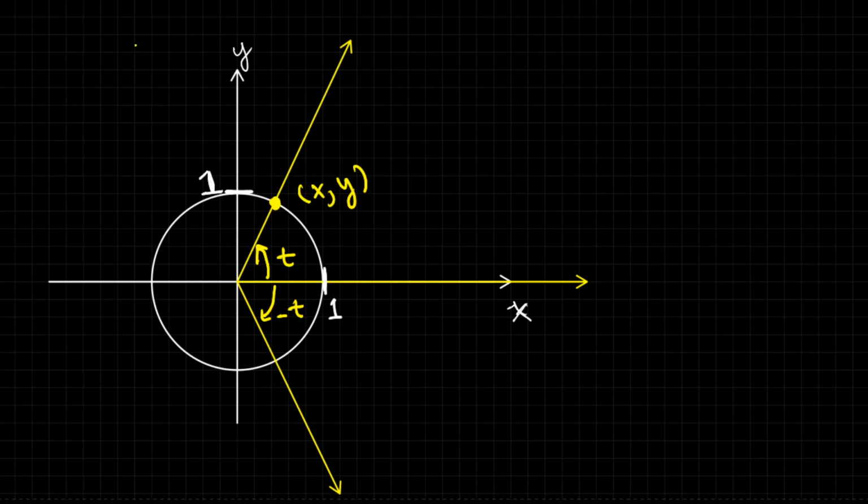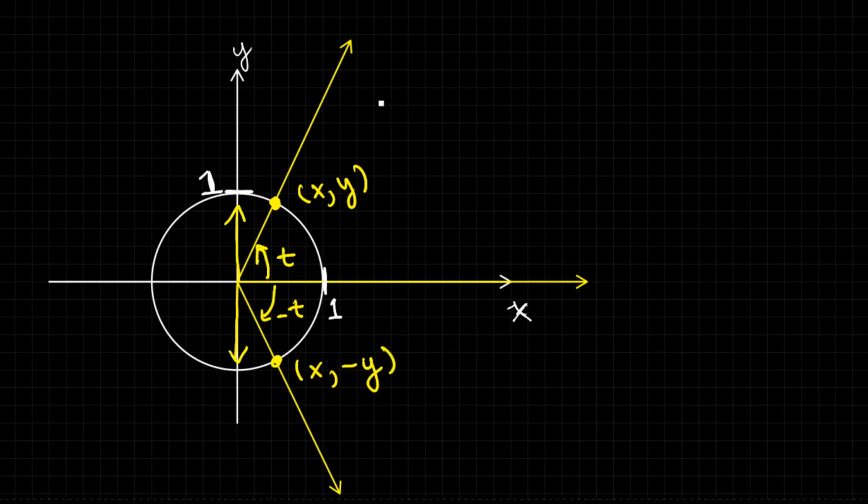So the x-coordinate of this terminal point down here is going to be the same as the x-coordinate for the terminal point up here, so x. And now how about the y-coordinate? Well, the y-coordinate is kind of the same, except instead of traveling upwards, you have to travel the same amount downwards. So this is going to be minus y.